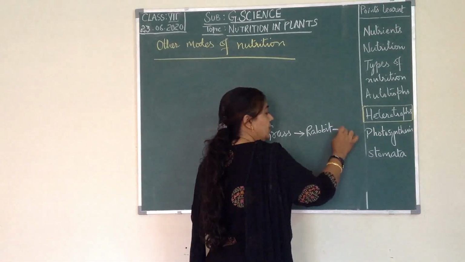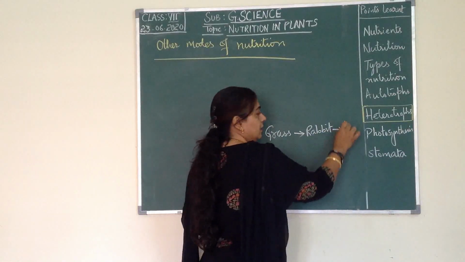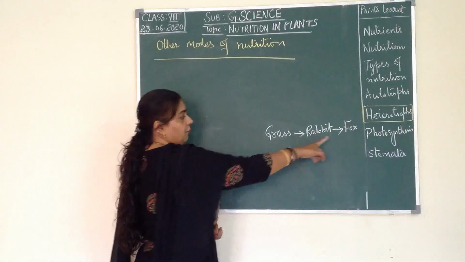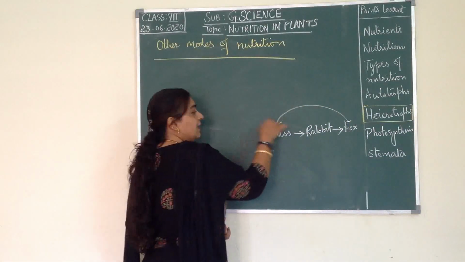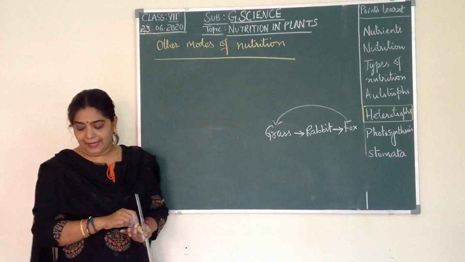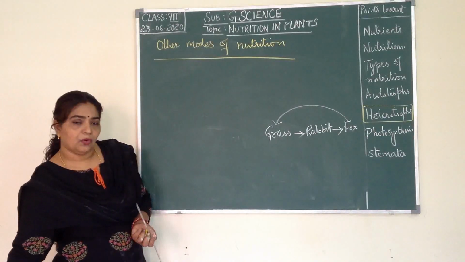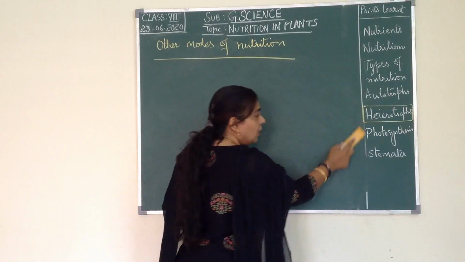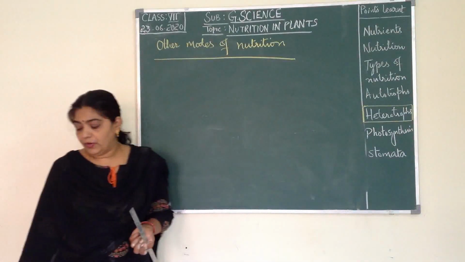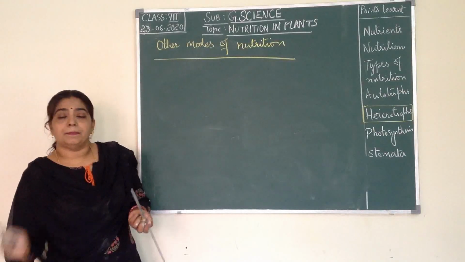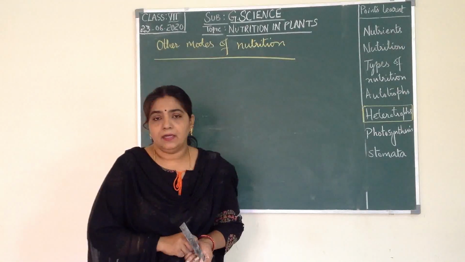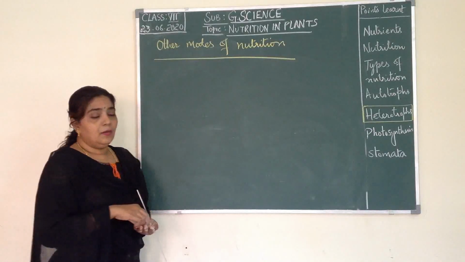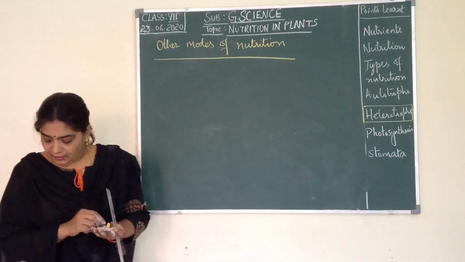Then if the rabbit is eaten by a fox, now the fox is indirectly depending on the plants. Okay. So what are heterotrophs? Heterotrophs are the organisms which cannot prepare their own food and depend on the plants either directly or indirectly. So let us see other modes of nutrition in plants. Okay.